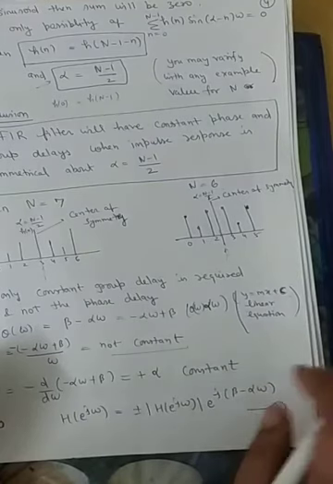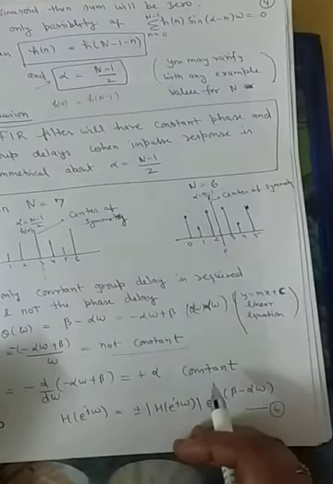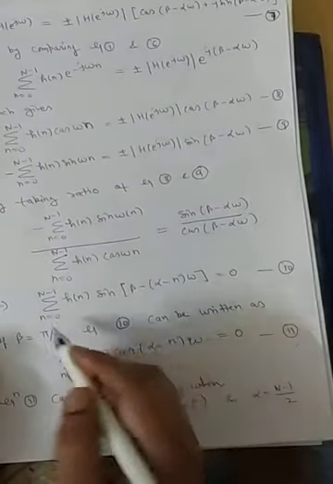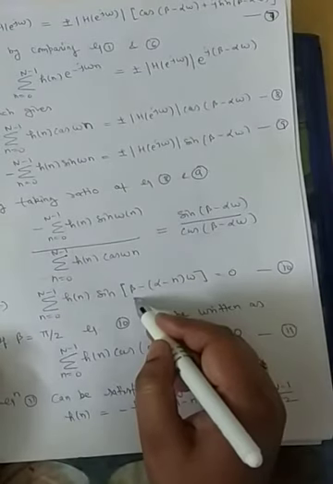In such a condition, again, just like the previous mathematical steps, we follow all the steps in this case too, and find out the final relationship, which will appear in this form. Okay, here beta and alpha, two terms are there.